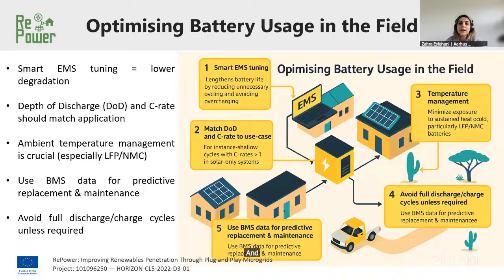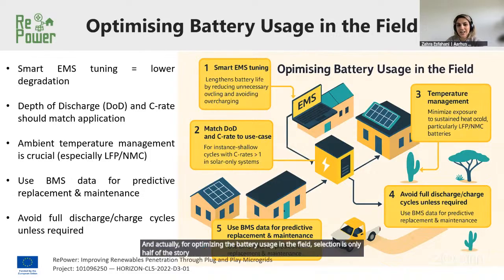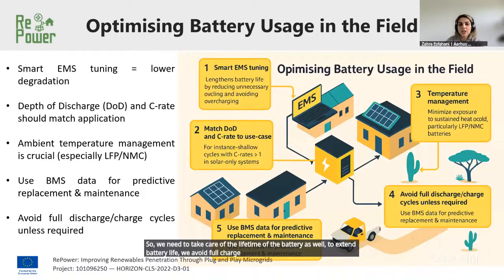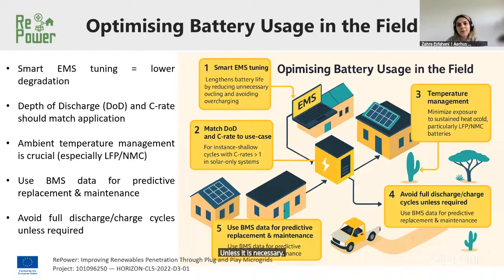And actually, for optimizing the battery usage in the field, selection is only half of the story. Operation is the other half. So we need to take care of the lifetime of the battery as well. To extend battery life, we avoid full charge or discharge cycles unless it is necessary. We optimize depth of discharge and C rates dynamically based on the load behavior.